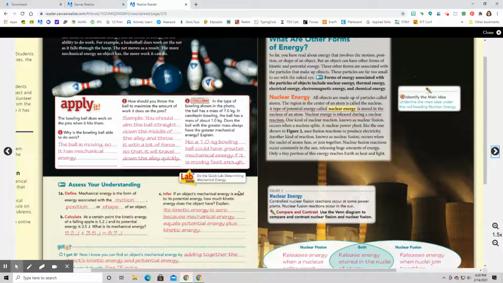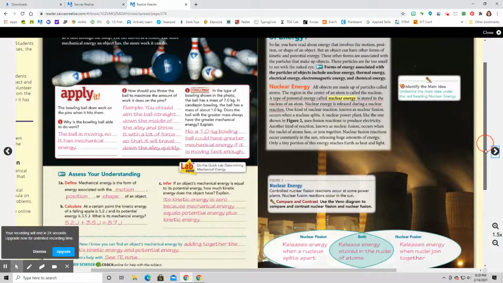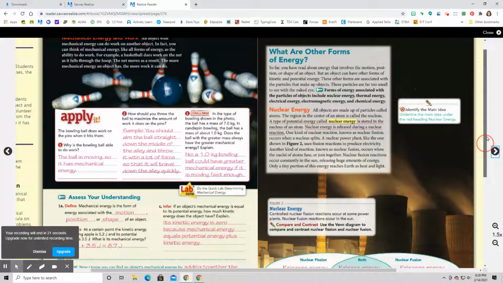When one bar went up, the other one went down. So you always have some percentage of potential or kinetic in a given situation. And we generally associate the kinetic energy with motion and the potential with it being stored. It could be used, but it's not being used yet.